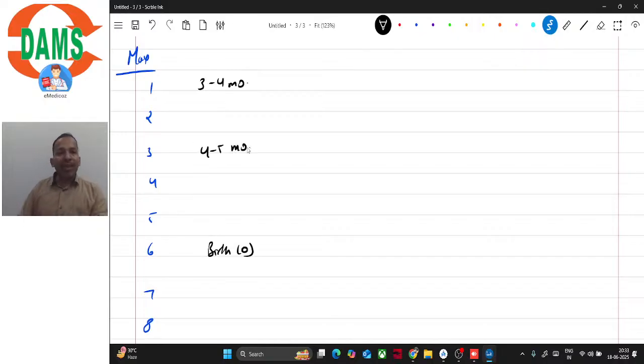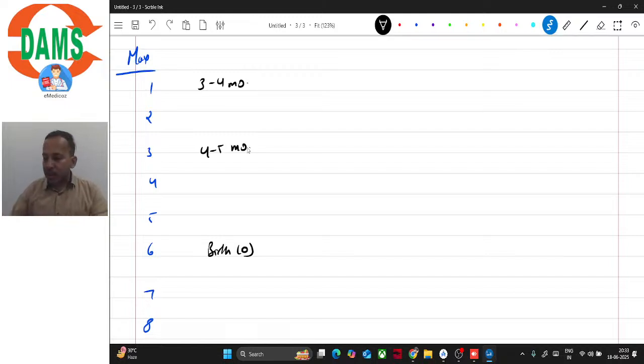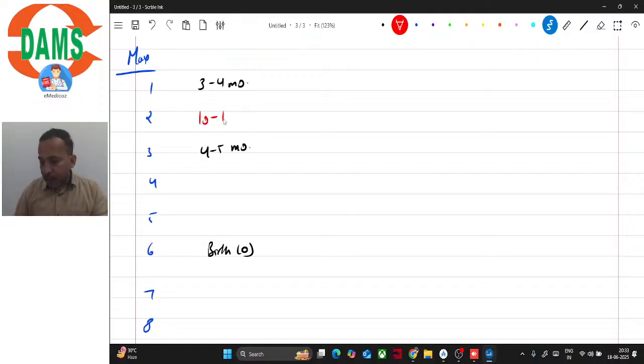Now you would notice that I haven't written anything after this upper lateral incisor, because the upper lateral incisor is the last anterior tooth to initiate, and this tooth will initiate at 10 to 12 months, that is at the end of first year. So upper lateral incisor is the last anterior tooth to initiate, isn't it?